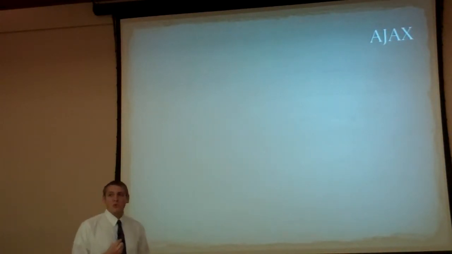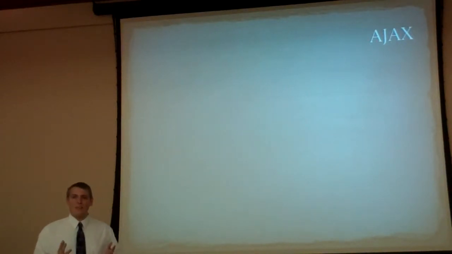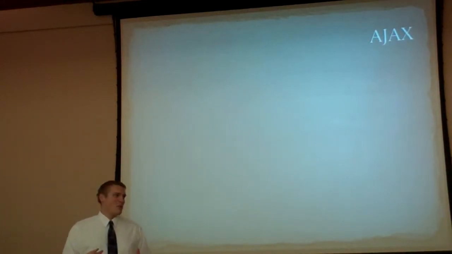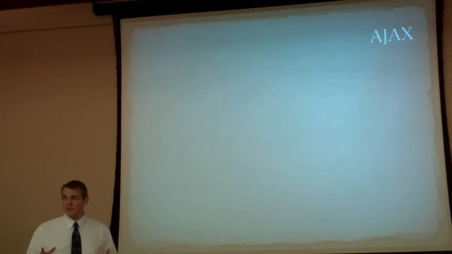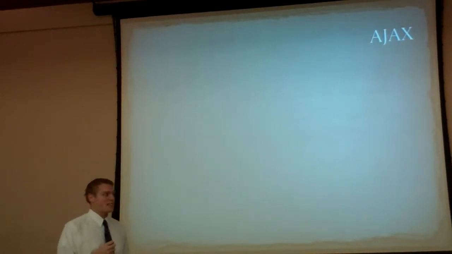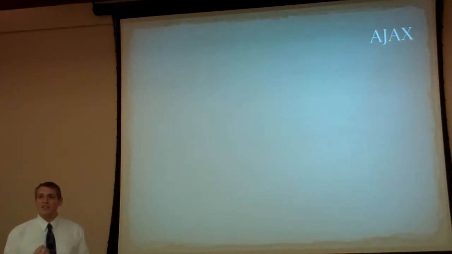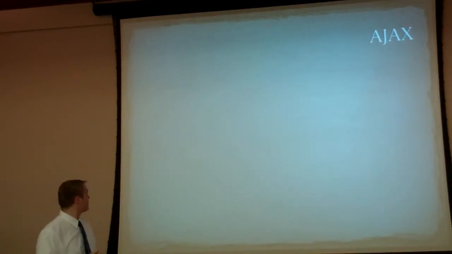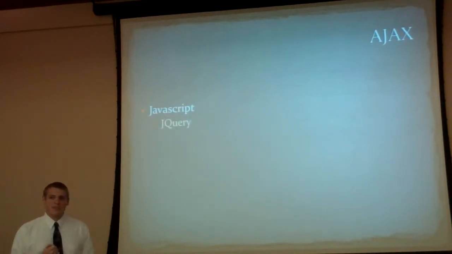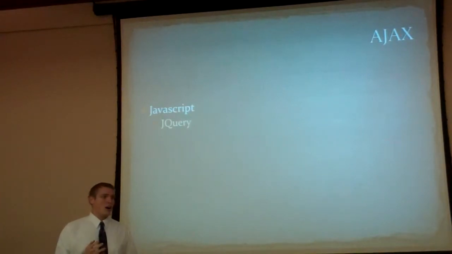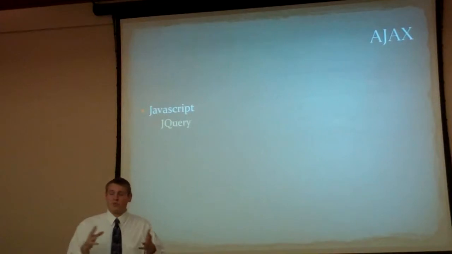Finally, in order to ensure that fluidity, that motion of the web page, without having it jarring with refreshes or downtime, we're using Ajax, which isn't its own programming language, as most of you probably know, but is instead a set of techniques using JavaScript and XML. So first off, our JavaScript, which we use to do all the different effects and make sure that our page isn't just going to separate pages and reloading.